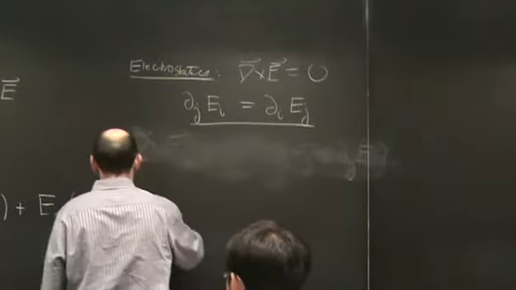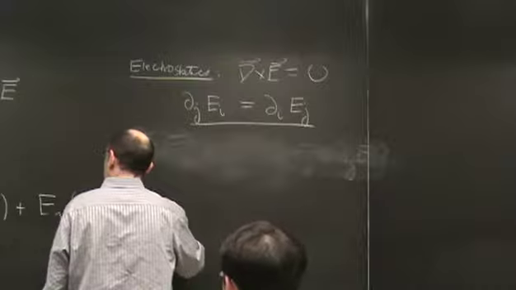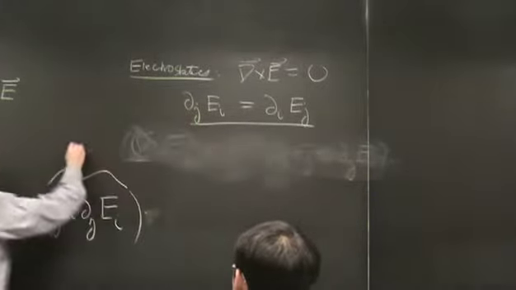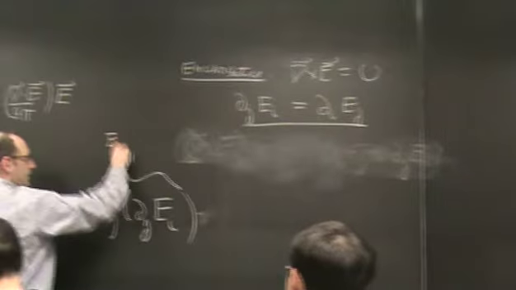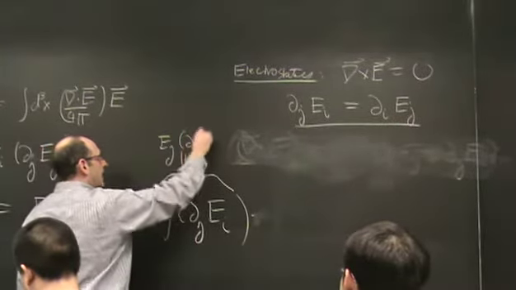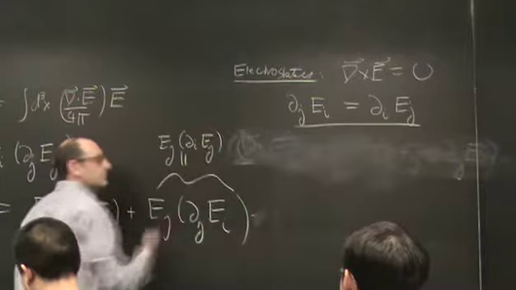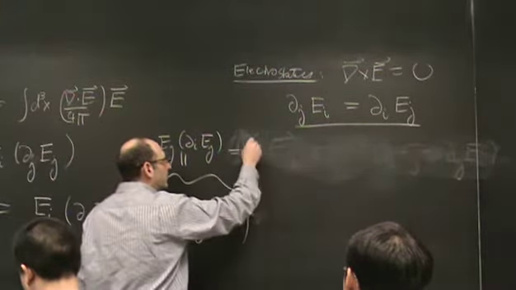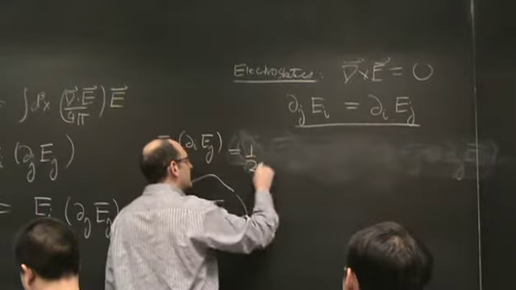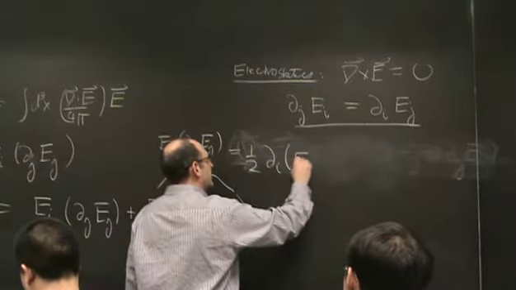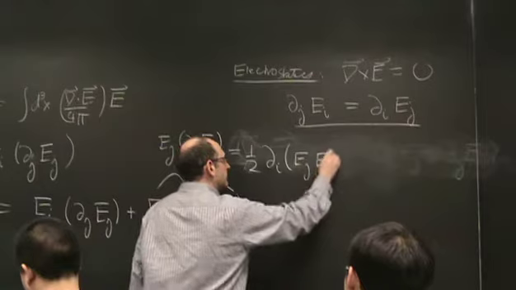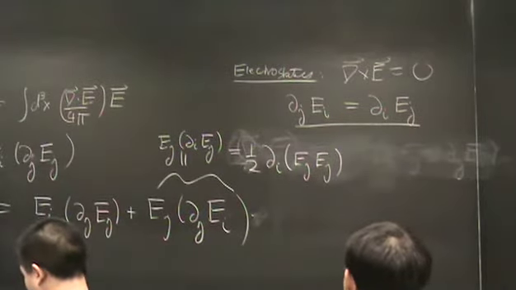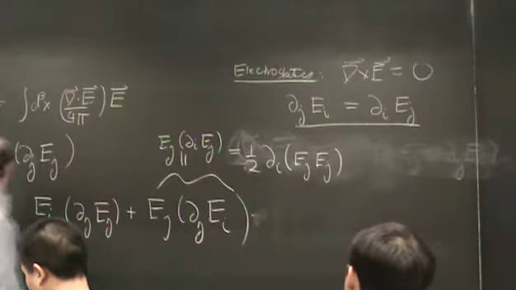And that tells me that this is equal to, I can take this guy over here and write it as E j d i E j. But that is equal to 1/2 the partial of I of E j E j, right? Because of the product rule of differentiation. And so we learn the following.